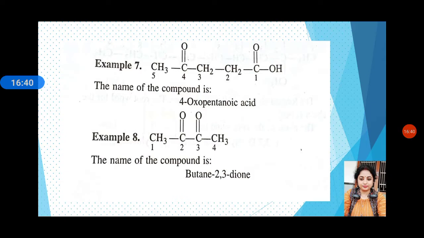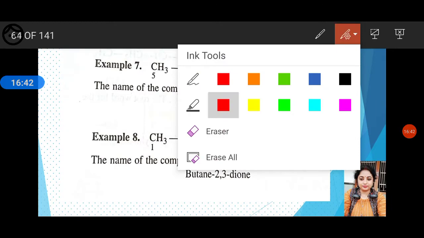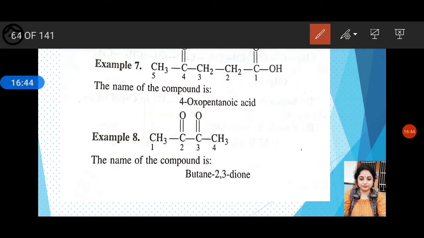First we can see here that 2 functional groups are present, this COOH and this CO. In the priority list you have seen that COOH is on top. So this will get the least number, and this carbon also is counted. So from here we will write the counting 1, 2, 3, 4, 5. Counting is correct. Now let's start writing.